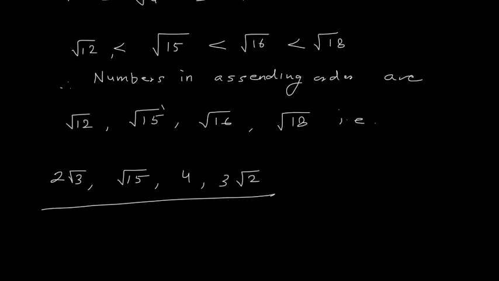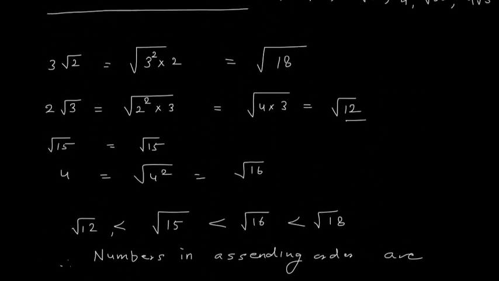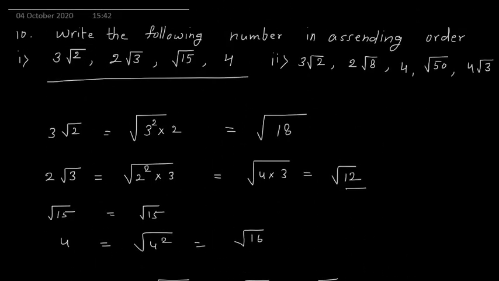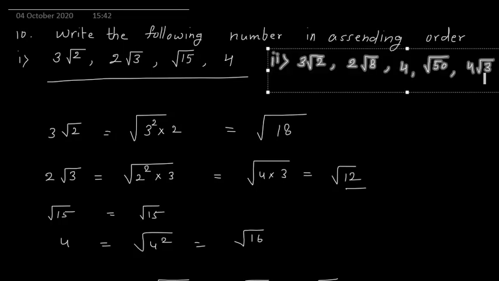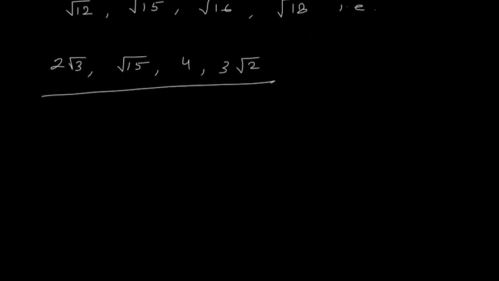This is the arrangement of numbers in ascending order. In the same way you can do this second question. Okay, so try to solve this second question by yourself and then you can check the solution.